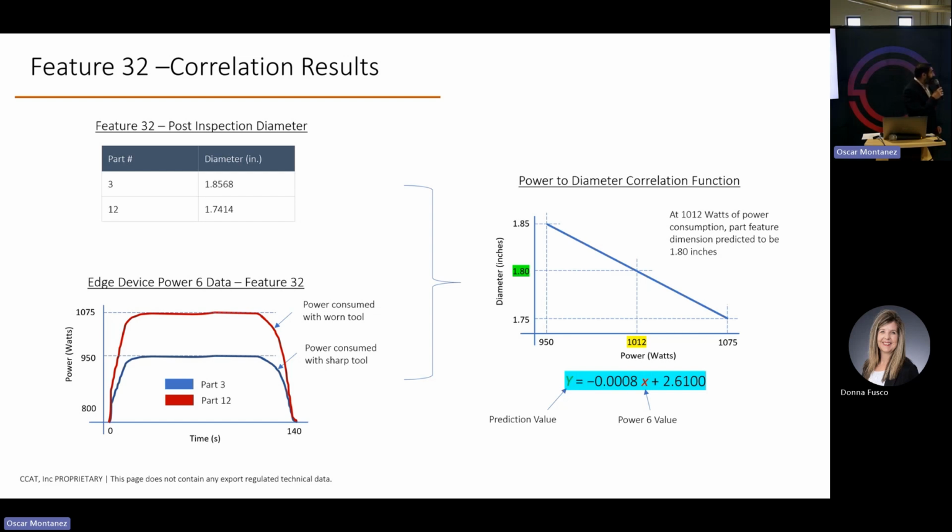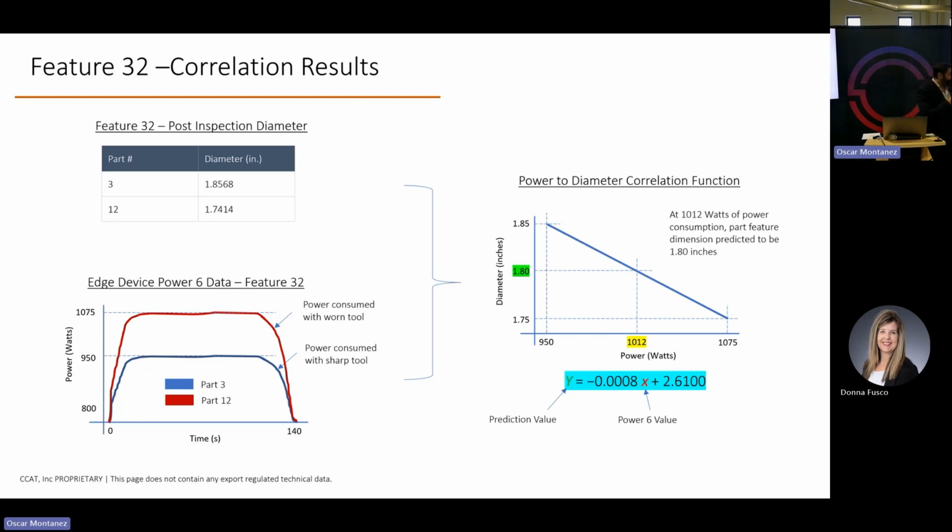And if we plot these 2 points, over on the right, for a power consumption of 950 watts, we're producing a feature of 1 inch 850 thousandths. For a consumption of 1075 watts, we're producing a feature of 1.75 inches.